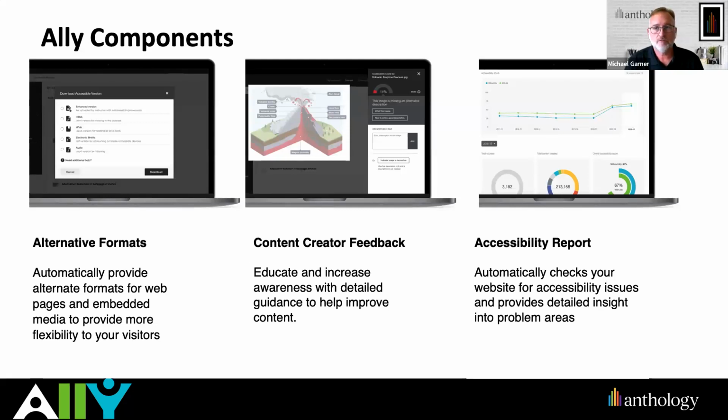Coming back to the alternate formats, Ally generates alternate formats out of the box. So it's not relying on you to go and create those alternate formats. It takes the initial content that was created and uploaded to the platform, and generates an alternate format for that. Our primary alternate format is really around semantic HTML.